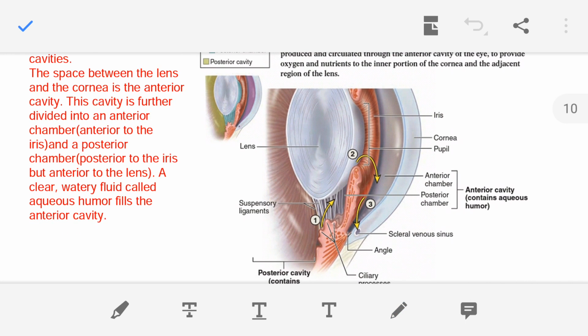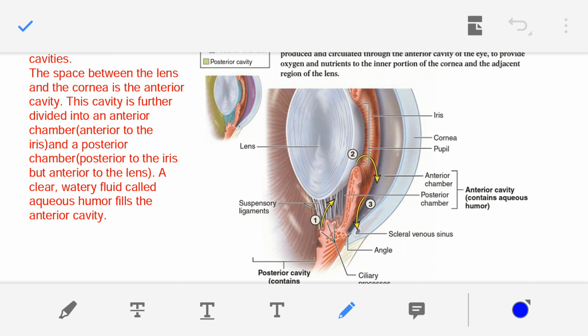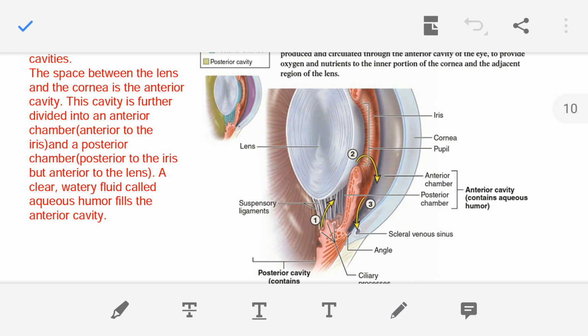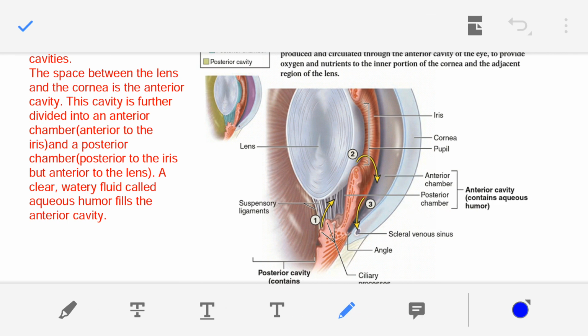In the figure you can see this part is the anterior cavity, and the anterior cavity is further divided into the anterior chamber and the posterior chamber.